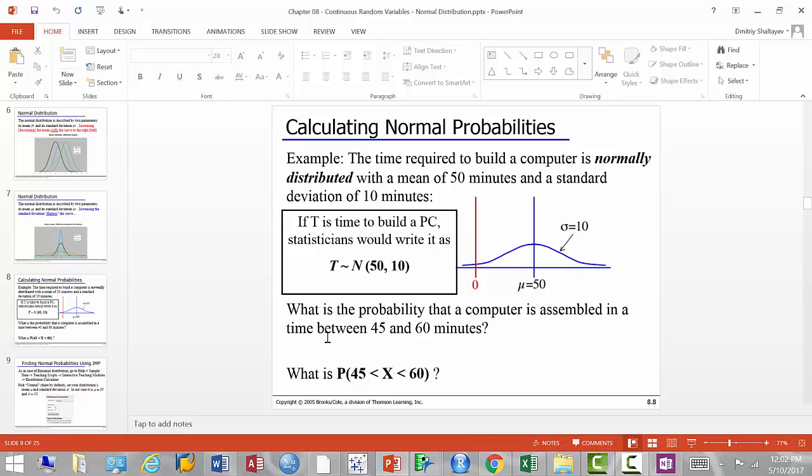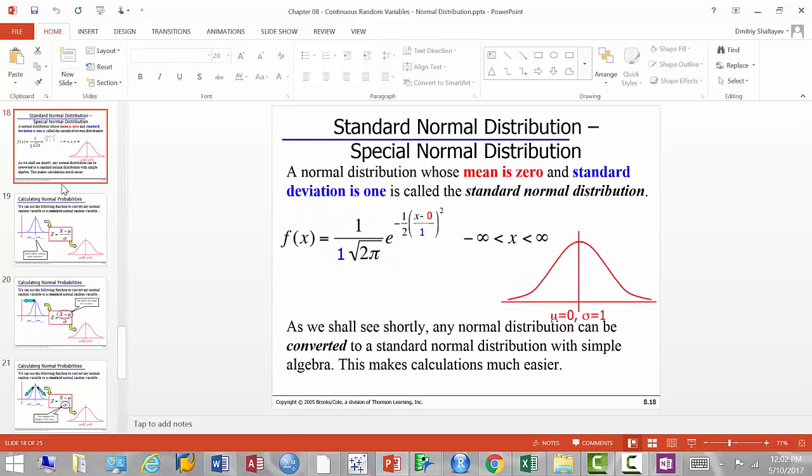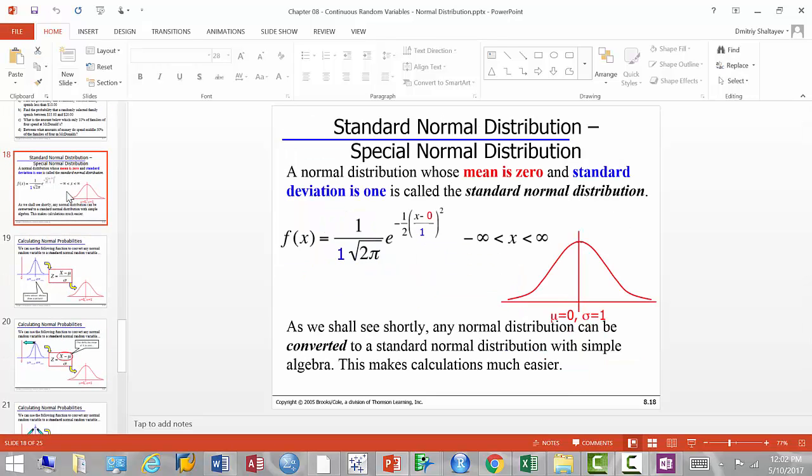Well, statisticians, or mathematicians in general, figured out that every normal distribution can be reduced or modified to a special normal distribution. And that's called the standard normal distribution. Okay? Statisticians basically said, let's pick a certain number for the mean and a certain number for the standard deviation.